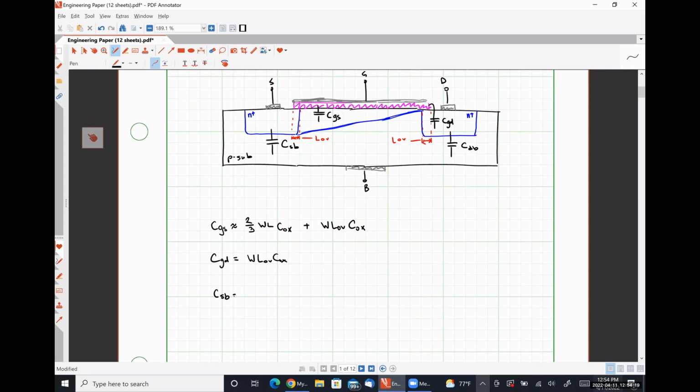Our source body capacitance, as mentioned previously, is due to charge stored in the depletion region of the source body junction. And so this is going to look like CSB naught divided by the square root of 1 plus VSB over V naught, where V naught here represents the built-in voltage of the source body junction.